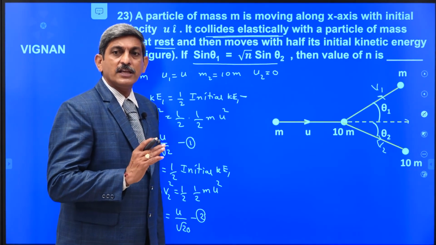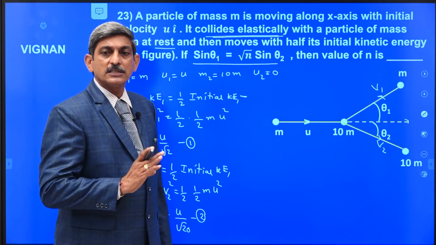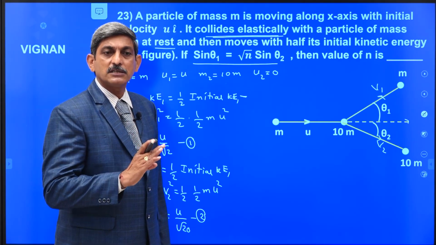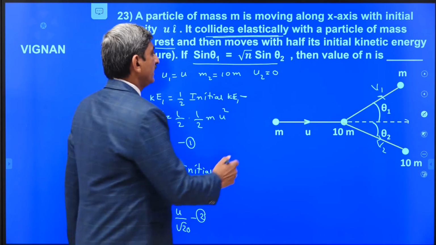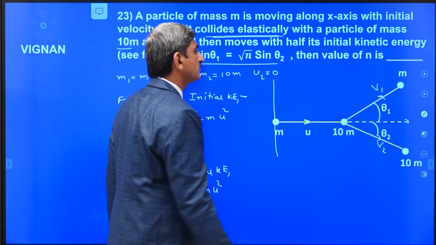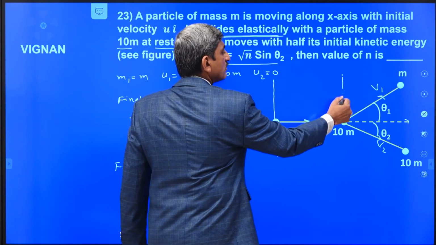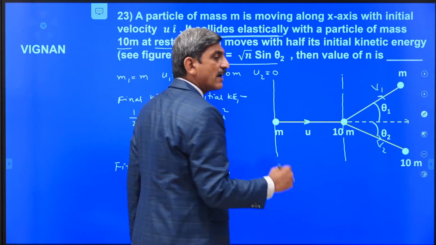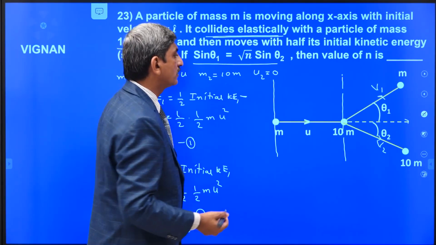Now in the case of any collision, the total momentum is conserved in any direction. Along this vertical direction, there is no initial momentum for the system. That's why the total momentum of the system in this vertical direction after the collision must also be equal to 0.